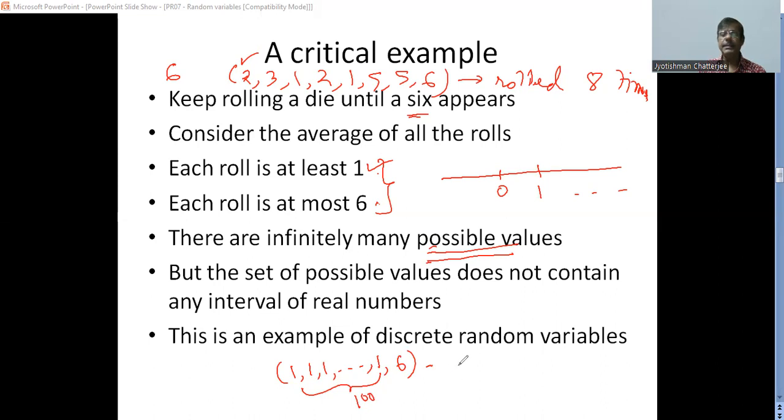And in this case, the average will be 1 plus 1 plus 1, 100 times, that is 100, plus 6. So 100 ones followed by 6. What's the average of that? 106 divided by 101. So this is a number very close to 1, somewhere here.